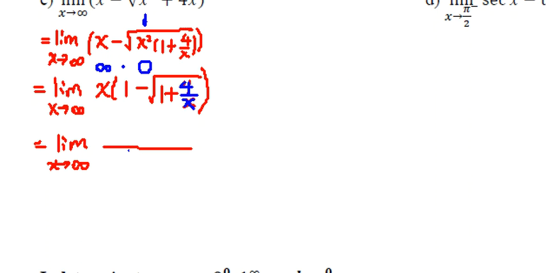So I would like to keep this on top and then rewrite x as 1 over 1 over x, and place that back in the denominator. Do you see that now you see a 1 over x right here, and you also see 1 over x here, which is nice? They match. When you find the derivative, they can be cancelled. That's why I choose to do that.